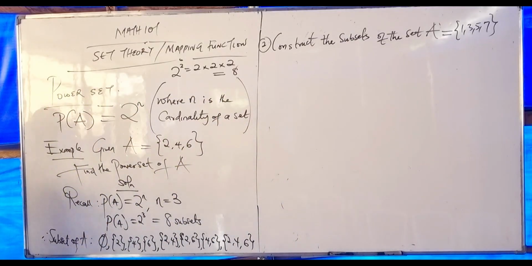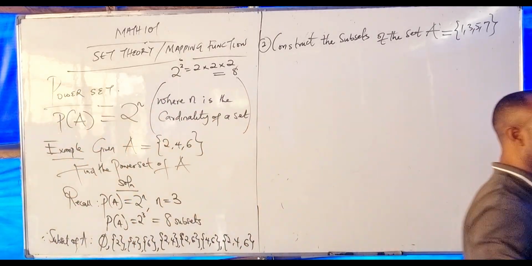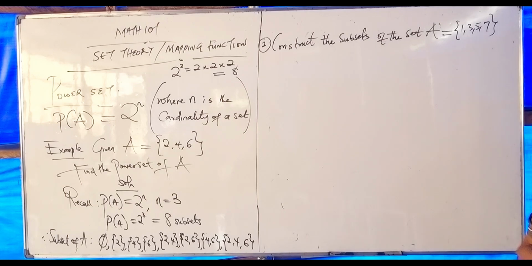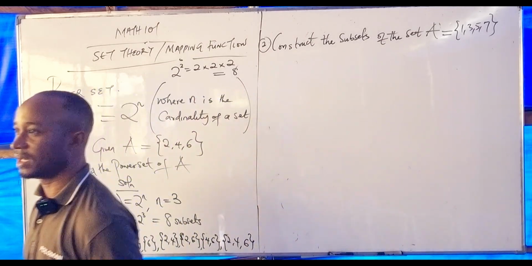The same thing. Sometimes they will not tell you to find the power set. Once you hear the words construct the subsets, it means bring out all the subsets of that set. And you do that by finding first the power set. Are you getting it?